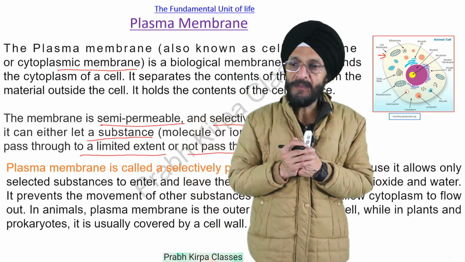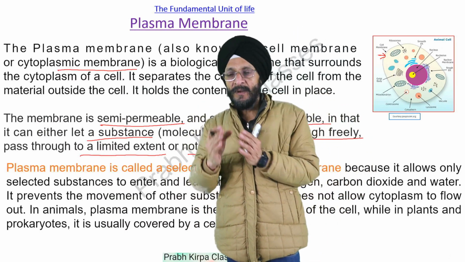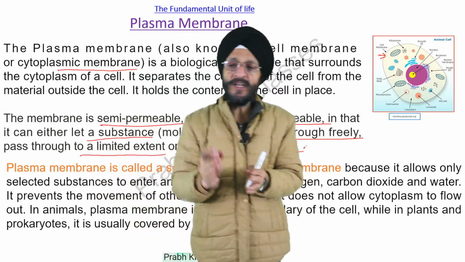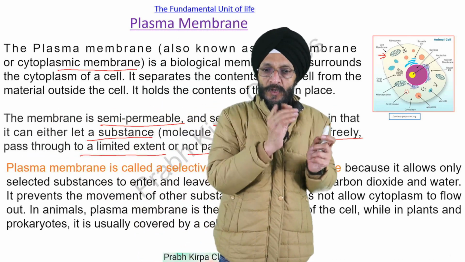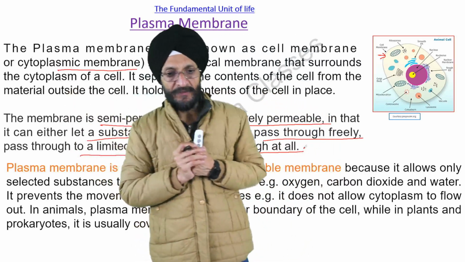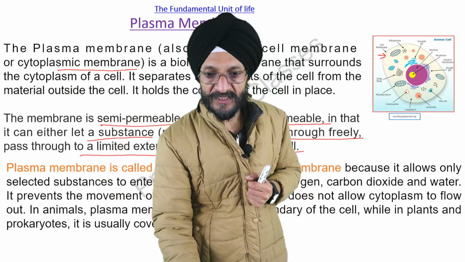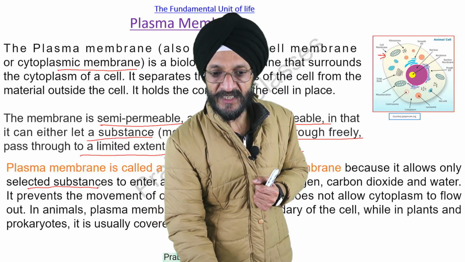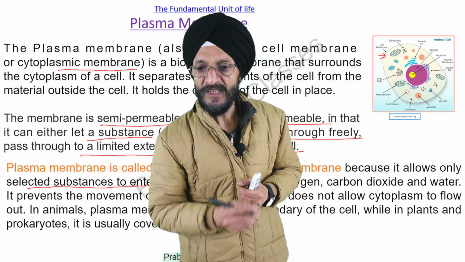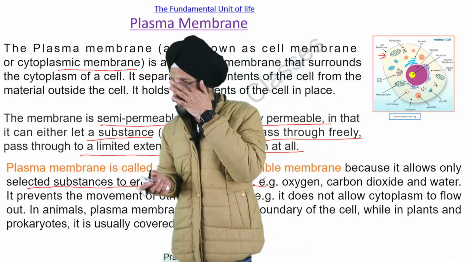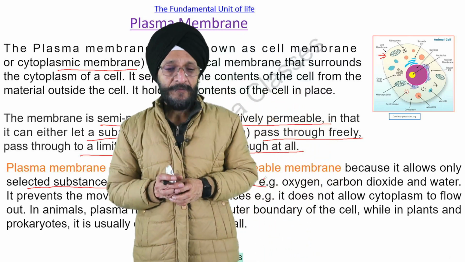It may allow some gases or liquids to pass through it, or it may not allow at all, or it may allow only to some restricted extent. It is called selectively permeable because it allows only selected substances to enter and leave the cell. Examples of such substances may be oxygen, carbon dioxide, and water.